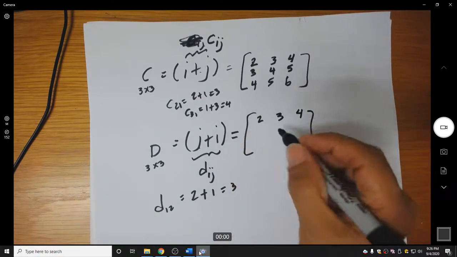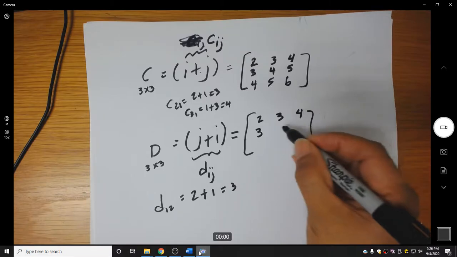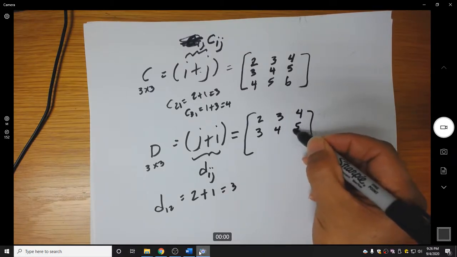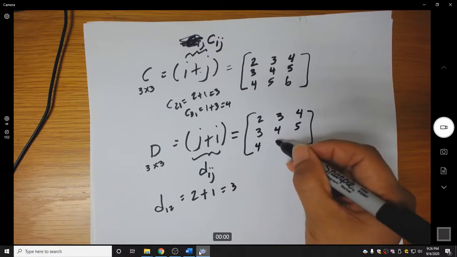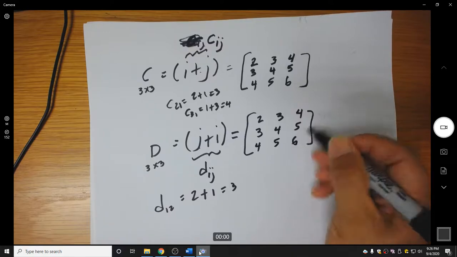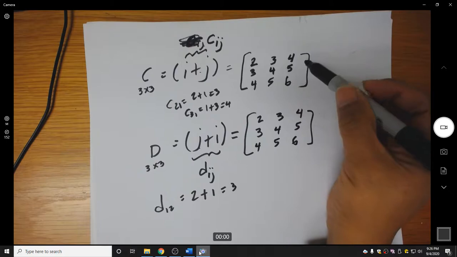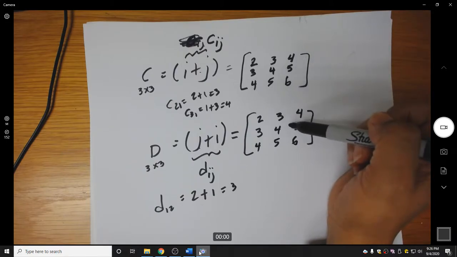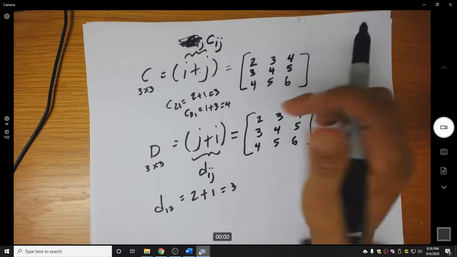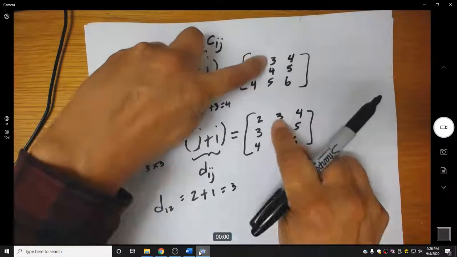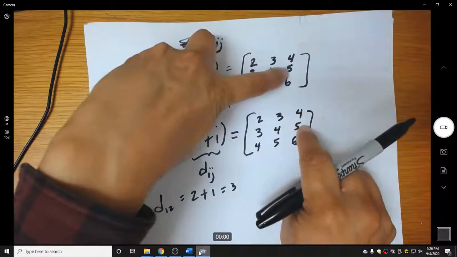And if I perform the rest of the computations, I will come up with this result I wrote. Notice that they, in fact, coincide. They are equal matrices. They're both 3 by 3 matrices, and entry by entry, they are identical.